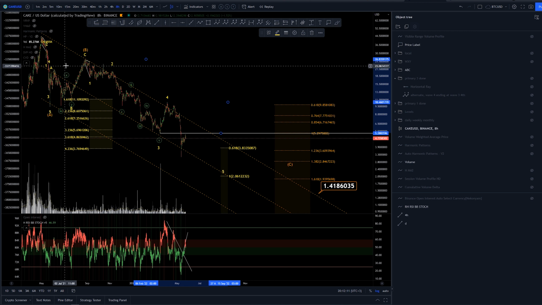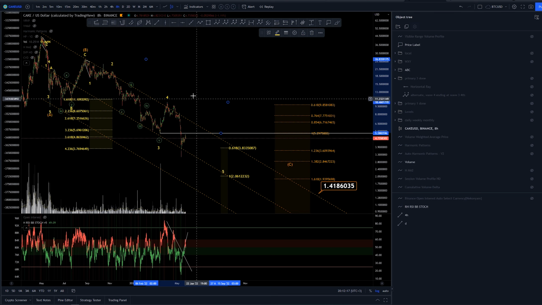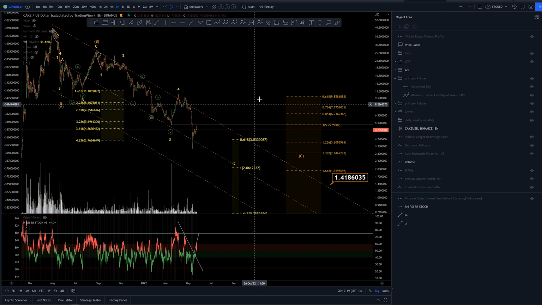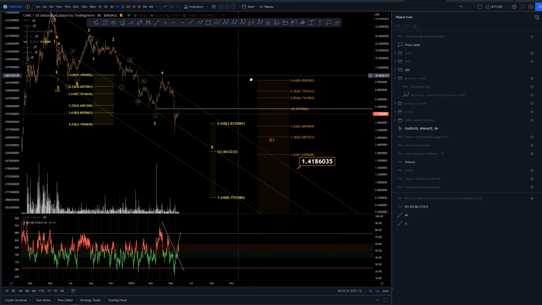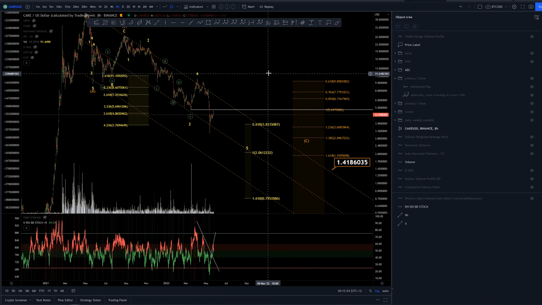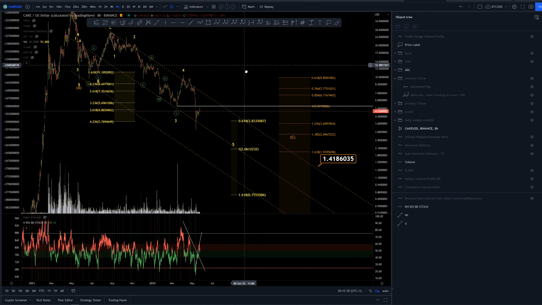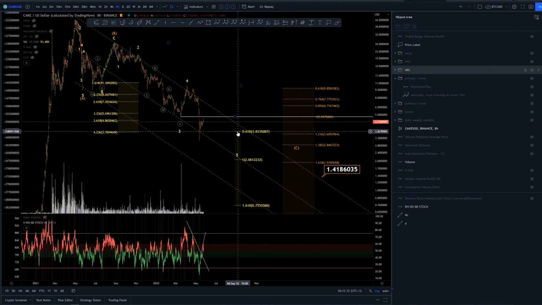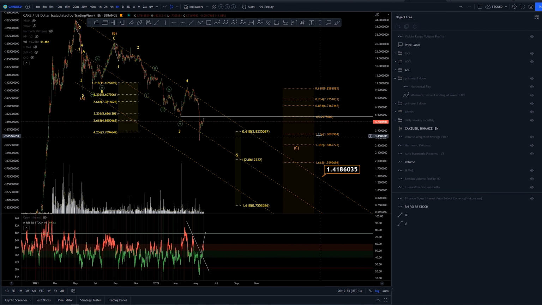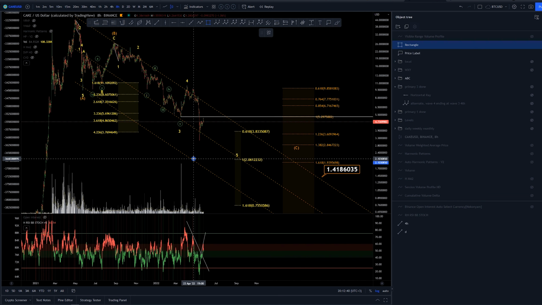But again, we would have to be looking at some kind of target, so at least we have some targets to look at. These are the only two that are lining up: this 1.236 on this intermediate count and the 0.618, and this level has already been reached. So let's take a look at what else we have here.